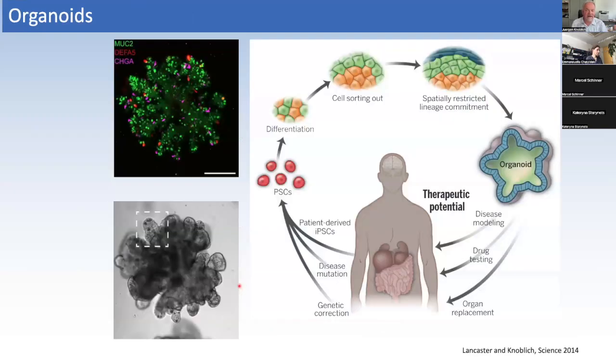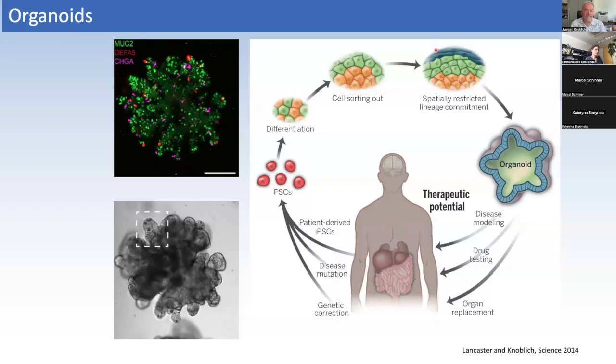Now, in the meantime, organoids have really gained a lot of attention. And the idea is basically that we can develop iPS cells from individual patients, which will then be allowed to differentiate. They will sort out.